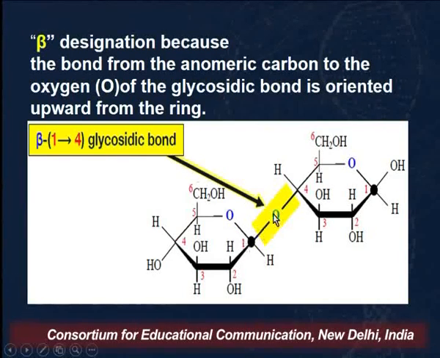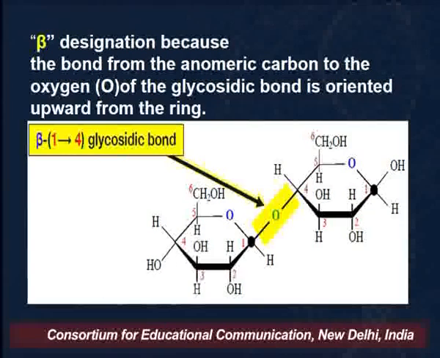When it is oriented upward from the ring, this is known as the beta linkage. I hope it is now clear what the difference is between the alpha and the beta linkage.